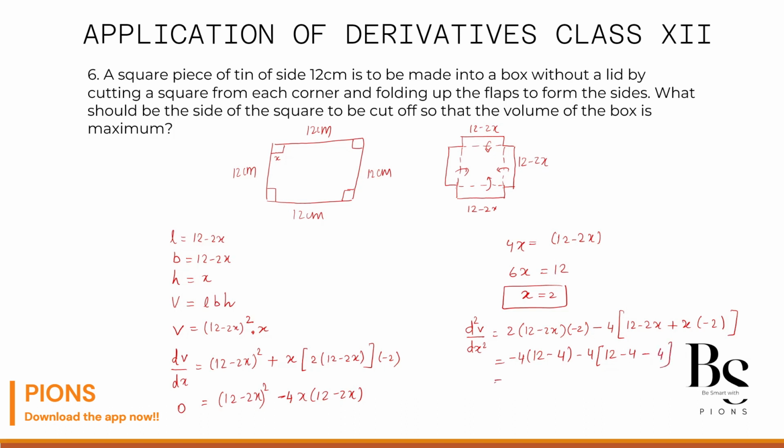So this will be 12 minus 4, 8, into 2, 16, minus 32, minus 4 and minus 4, minus 8, 12 minus 8, 4. 4 fours are minus 16. You are getting a negative value. So that is our maxima.